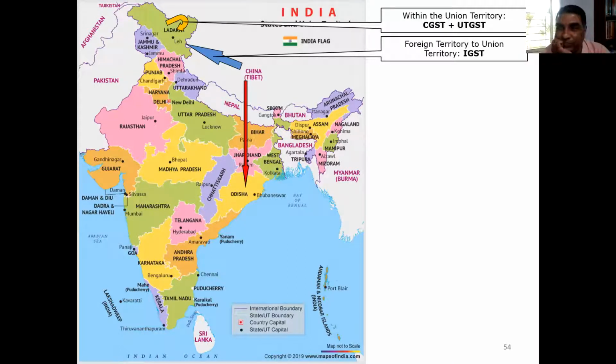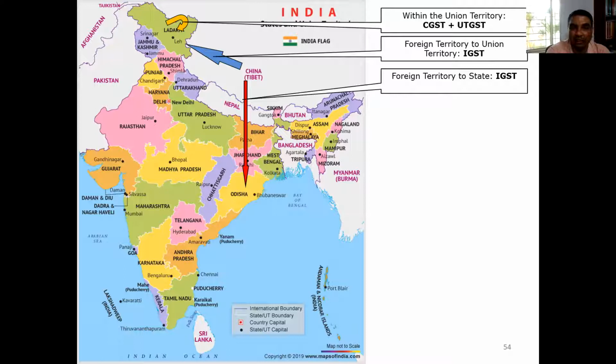Now tell me this situation. China to Odisha. What will be levied? IGST. Very good. Now, next example, let us say Odisha to Andhra Pradesh.